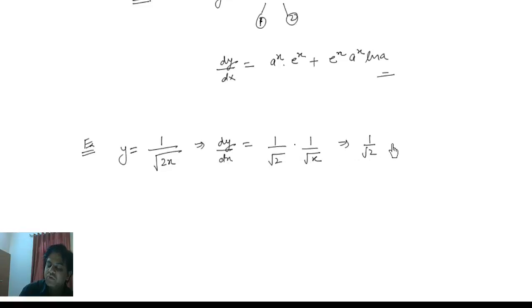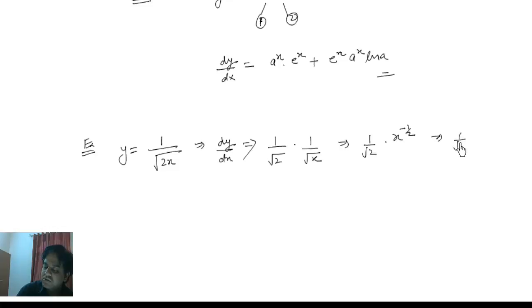Now 1 by root 2 as it is, and root x is simply x to the power half, and then x to the power half is taken in the numerator and divided like this.